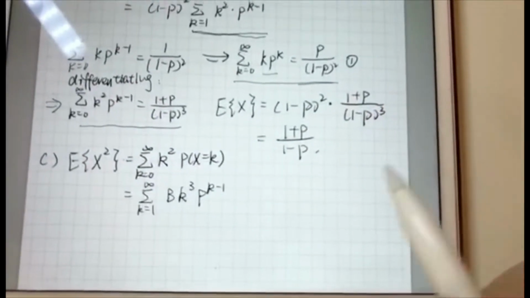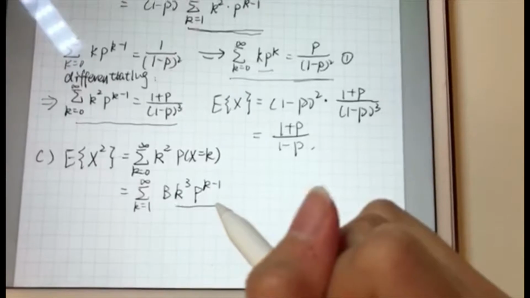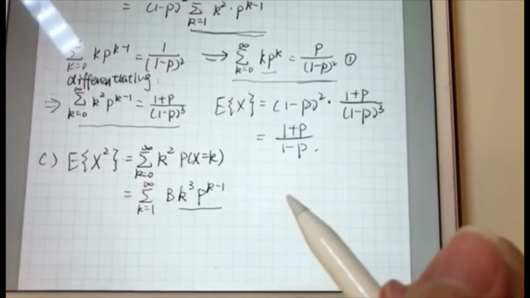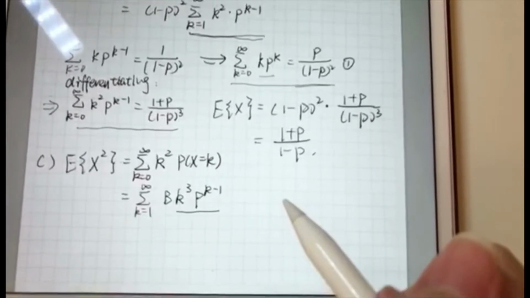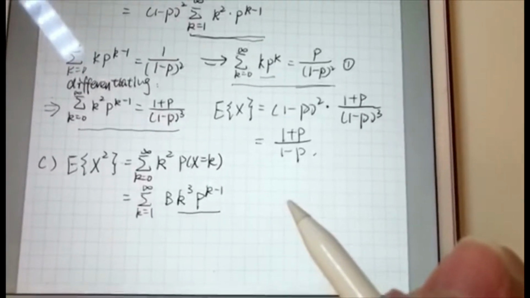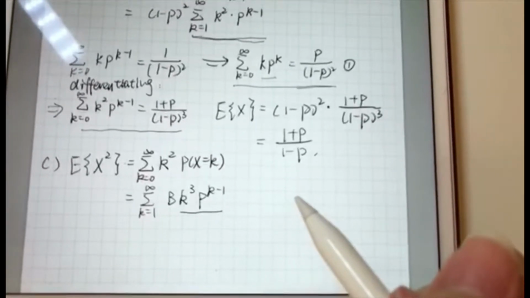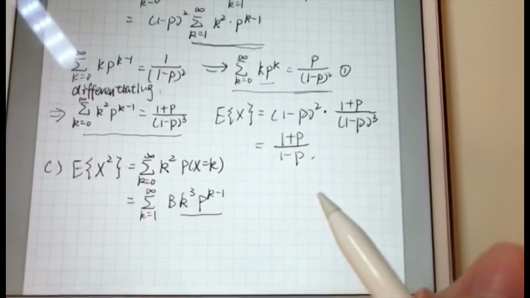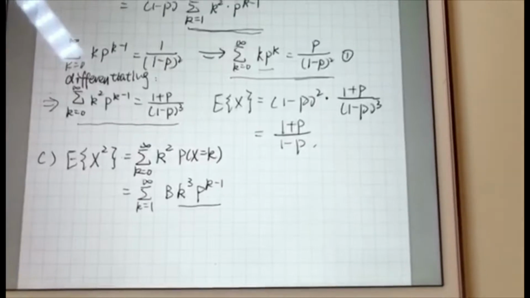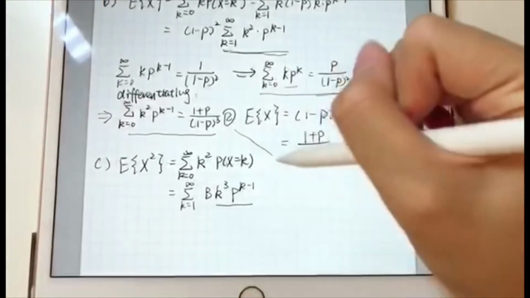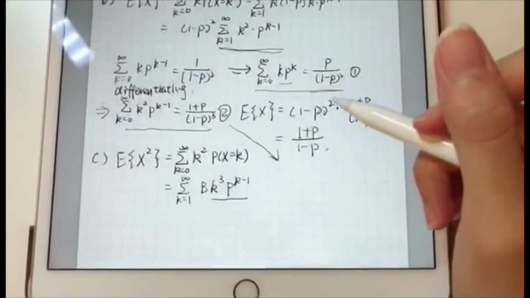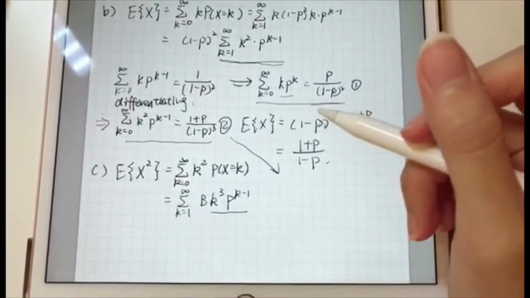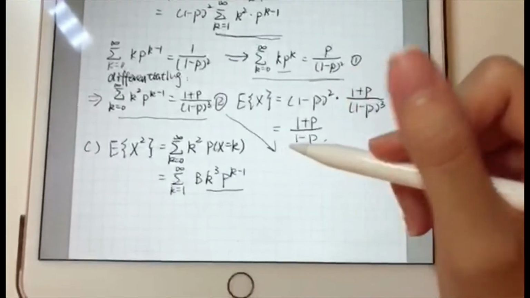In order to find the value of this expression, just like question B, we need to use the same way. In the same way, we multiply p on both sides of this equation.